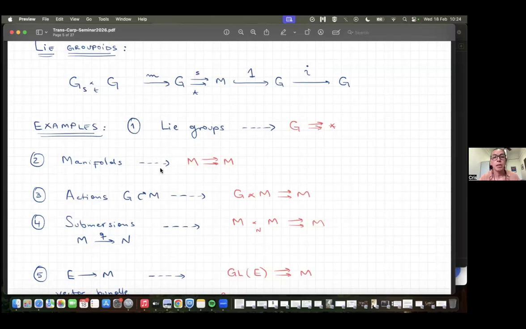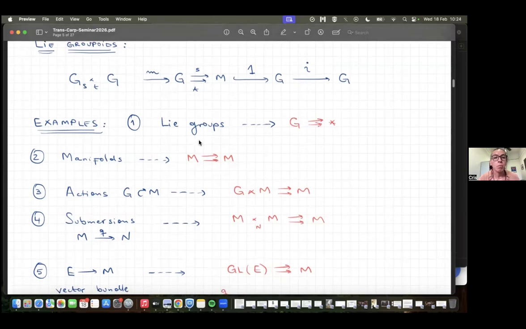Manifolds can be seen as Lie groupoids. So the space of objects is precisely the manifold, and there are no morphisms between different points, and you only have the identity automorphism at every point. You can combine the first two examples to produce the third one, which is given by Lie group actions on a manifold.